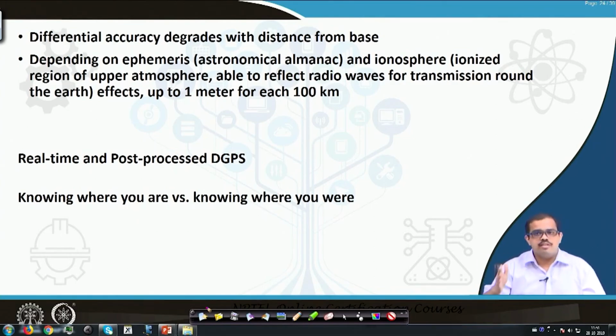That will help you in navigating better. But differential GPS in real time will give you the exact position. So the differentiation between real time and post processed DGPS is knowing where you are versus knowing where you were. That is the difference when you are looking at differential GPS.